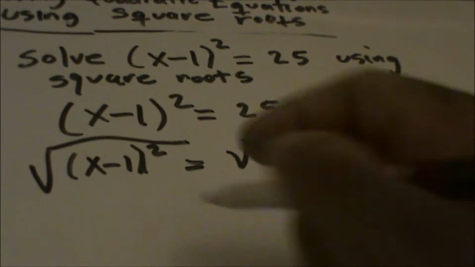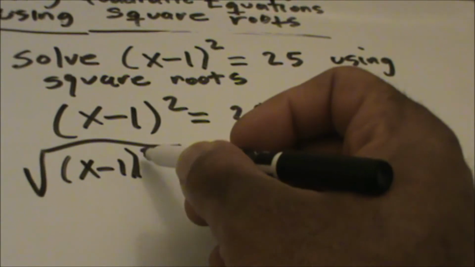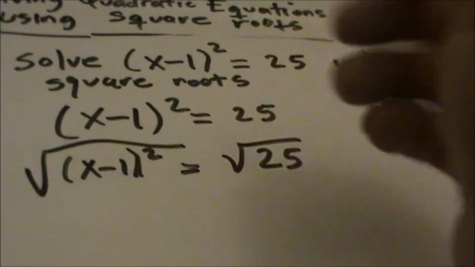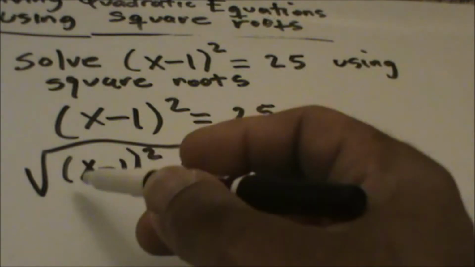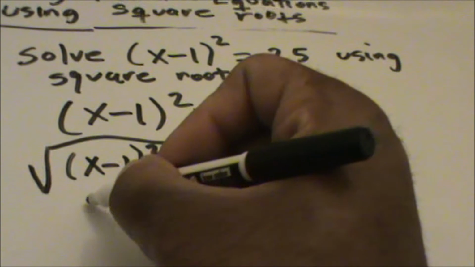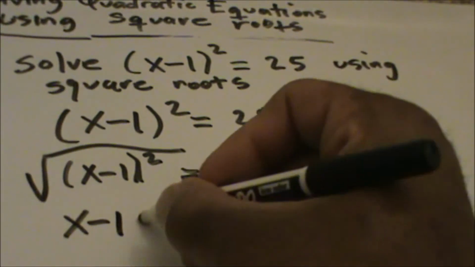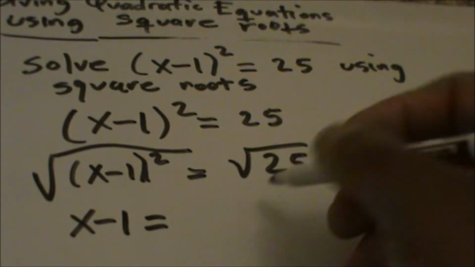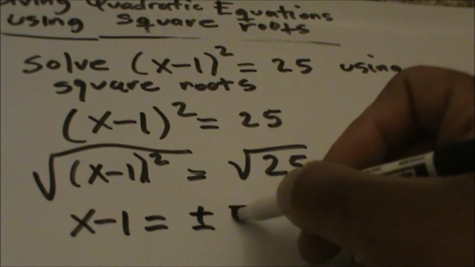So when you have x minus 1 in these parentheses, treat the whole expression as one single expression. Like the other examples, when you find the square root of x squared, all of this cancels, and you have x minus 1 left on this side. And then the square root of 25 is plus and minus 5.